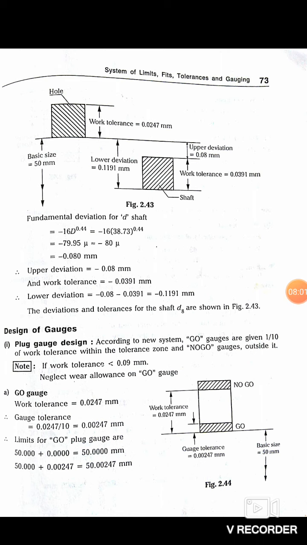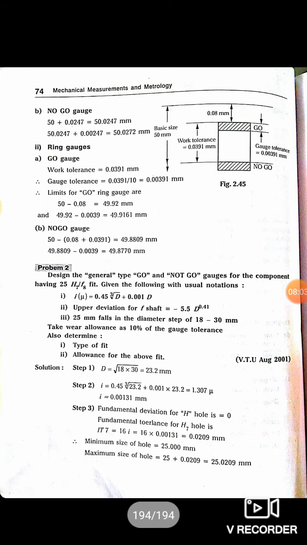Okay, similarly go to the next page. No go gauge. One more clarification: for the no go gauge, wherever it may be, plug gauge or ring gauge, the no go side on the instrument itself is marked with a red mark, so that even an unskilled or uneducated person can tell this side is the no go side, and the remaining side is the go side.